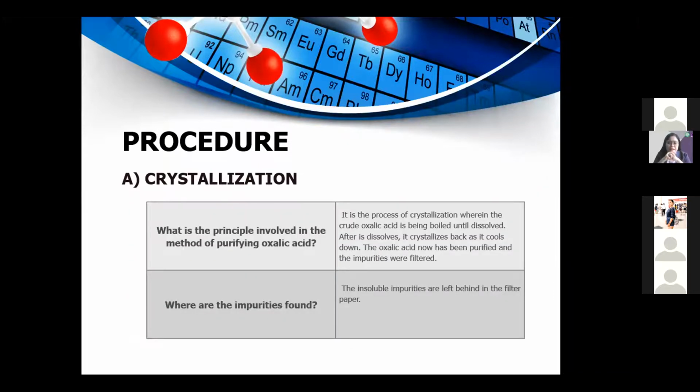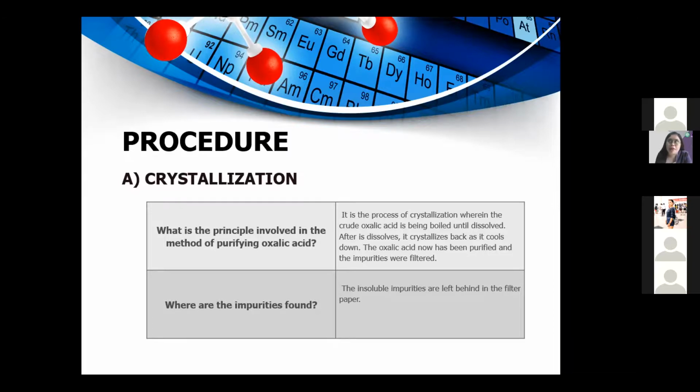So in crystallization, what is the principle involved in the method of purifying oxalic acid? Actually, the answer here is still crystallization. Because if we are going to do the purification of oxalic acid, we will be getting the pure crystals.